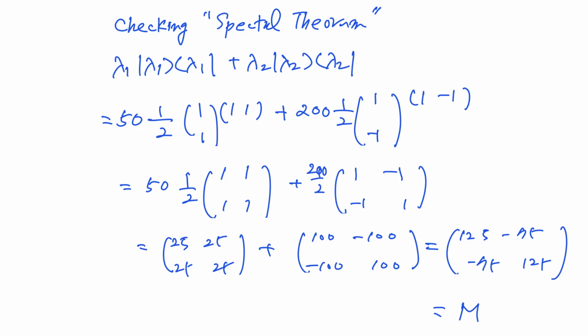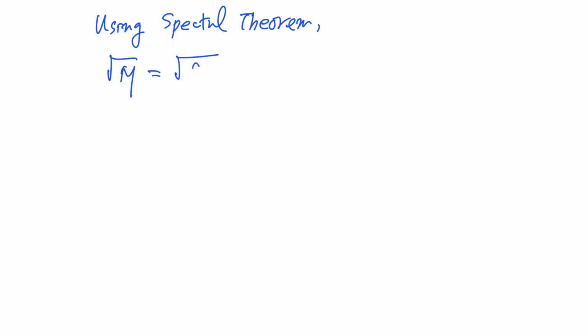One of the nice things about spectral theorem is we can actually represent square root of M. Using spectral theorem, square root of M can be written as square root of lambda 1, square root of lambda 2, this way.